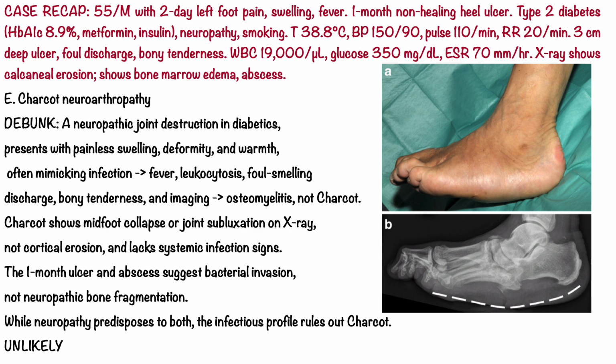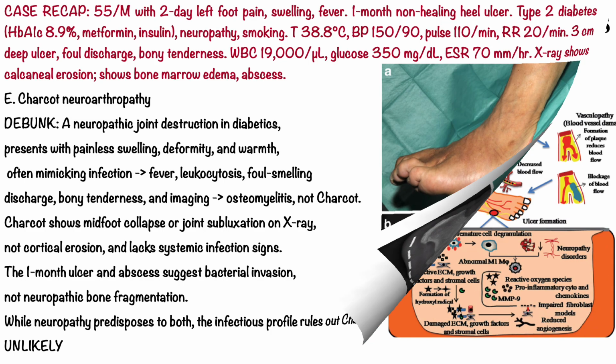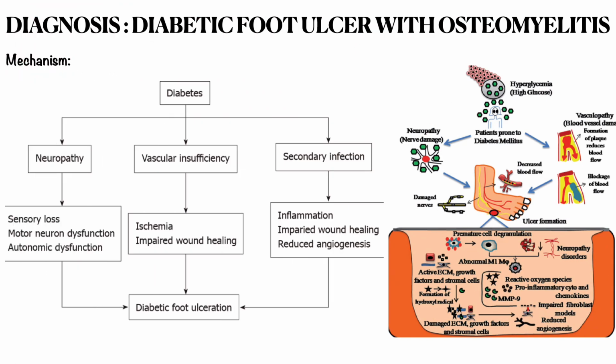So we have to dive into our diagnosis, and the diagnosis is diabetic foot ulcer with osteomyelitis. The mechanism of diabetic foot ulcer with osteomyelitis is that in cases of diabetes there are three major factors: neuropathy, vascular insufficiency, and secondary infection. These are the major risk factors, right? Neuropathy leads to sensory loss, motor neuron dysfunction, and autonomic dysfunction.